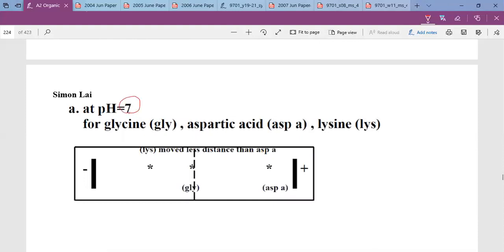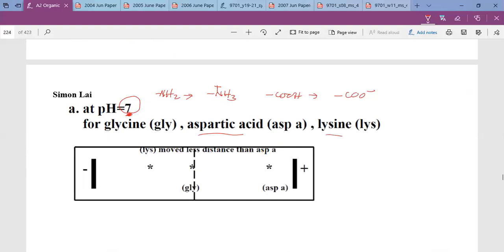I told you at pH 7, all the NH2 functional groups become NH3 positive, and all the carboxylic acids become COO minus. This is what is acceptable at A levels. Of course it's not exactly 7; you can go to university and find out it's different. Don't care. So: aspartic acid, lysine.